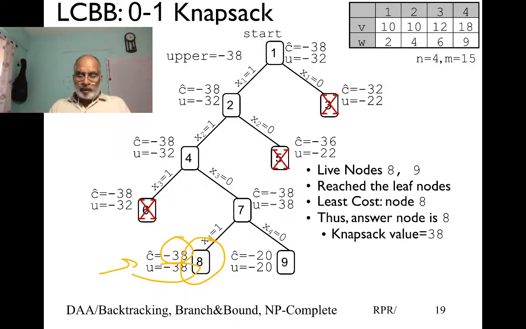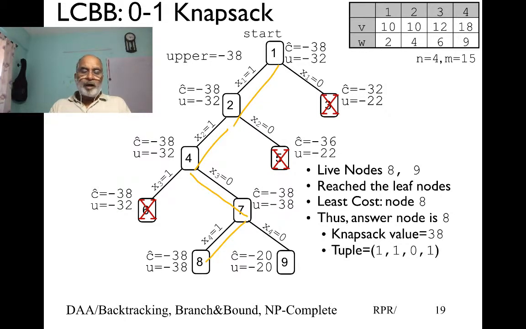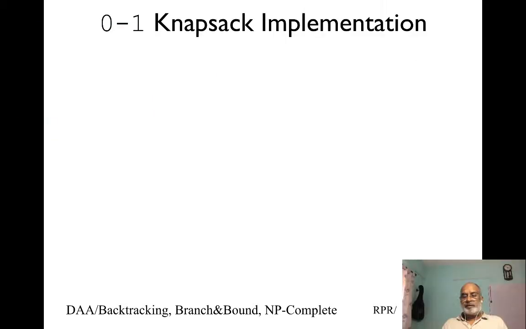And if you look at my path, what is my knapsack path? x4 is 1, then x3 is 0, x2 is 1, and x1 is 1. So my tuple value would be 1, 1, 0, and 1, and that gives me the answer for this.